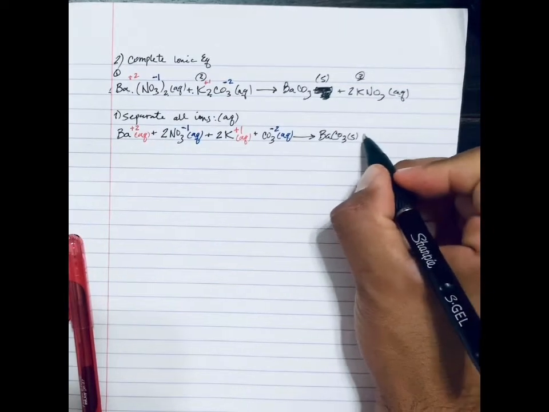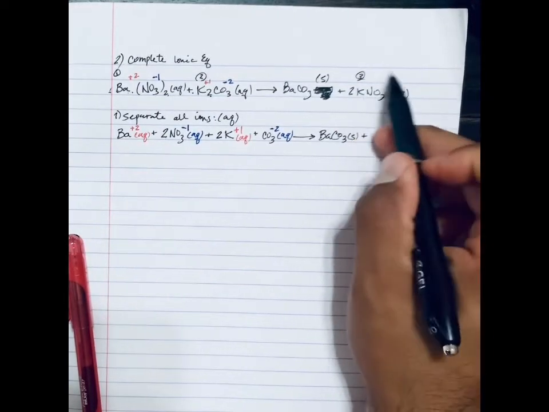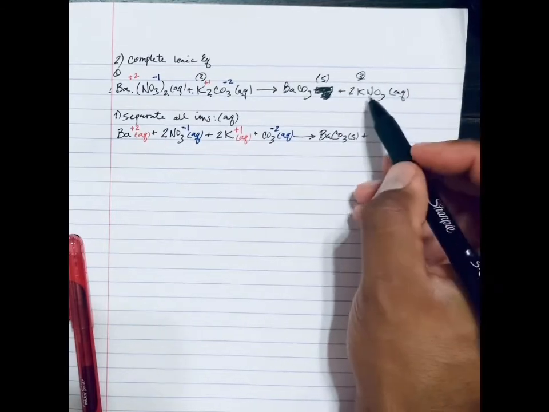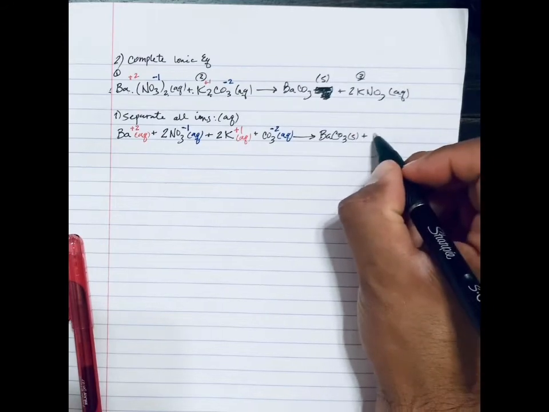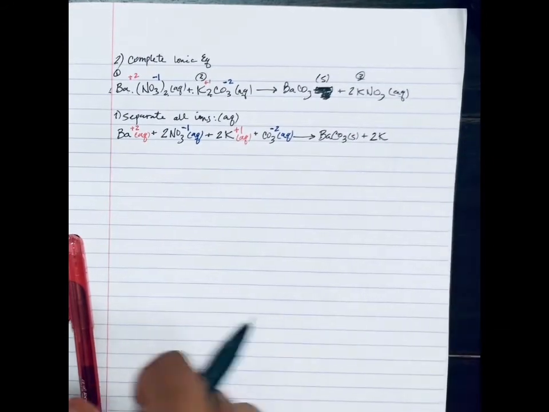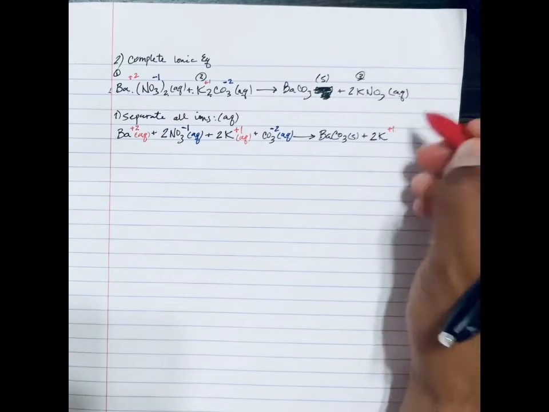And then the next thing, you're gonna separate the last product. So if you notice here, you have K, 1 subscript times 2 as a coefficient, you're gonna have 2K, and it's +1.